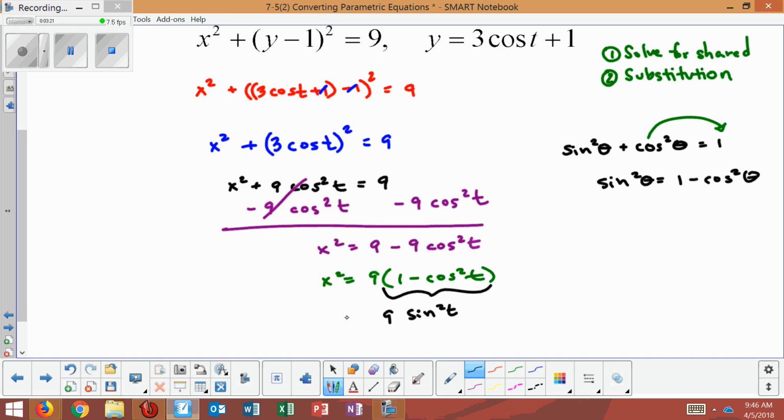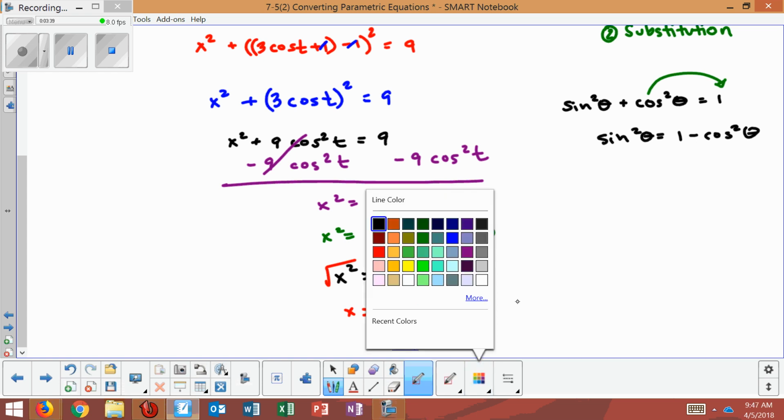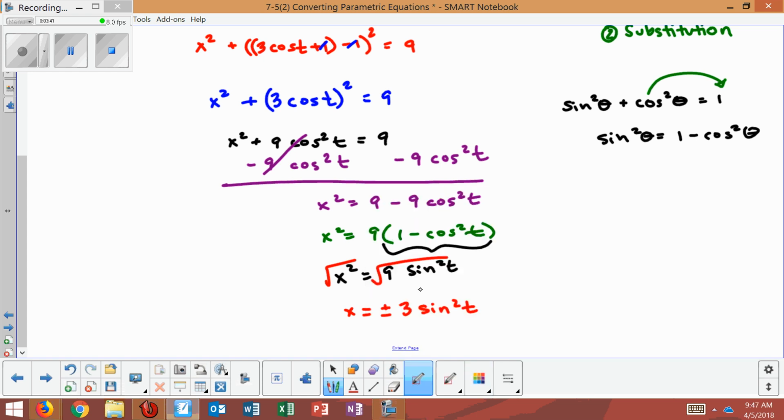So x squared equals 9 sine squared t. And the last thing to get x by itself is you take a square root. Now when you take a square root, technically speaking, we should have a plus or minus 3 sine squared t, because either one of them should work. So this would be my answer here.